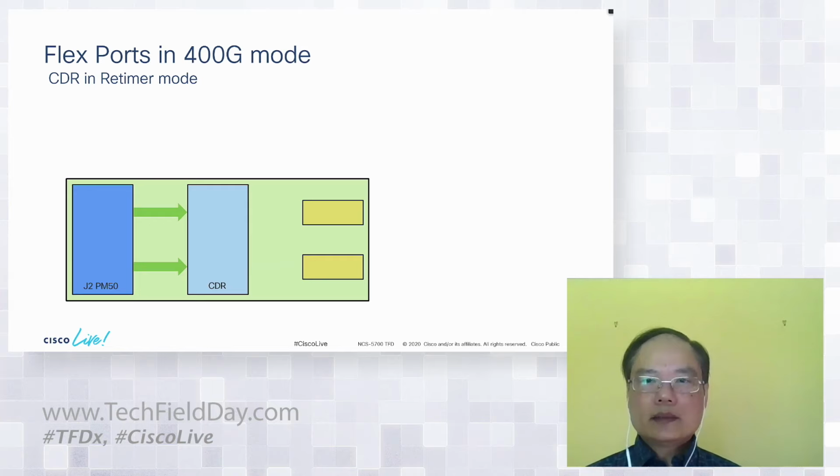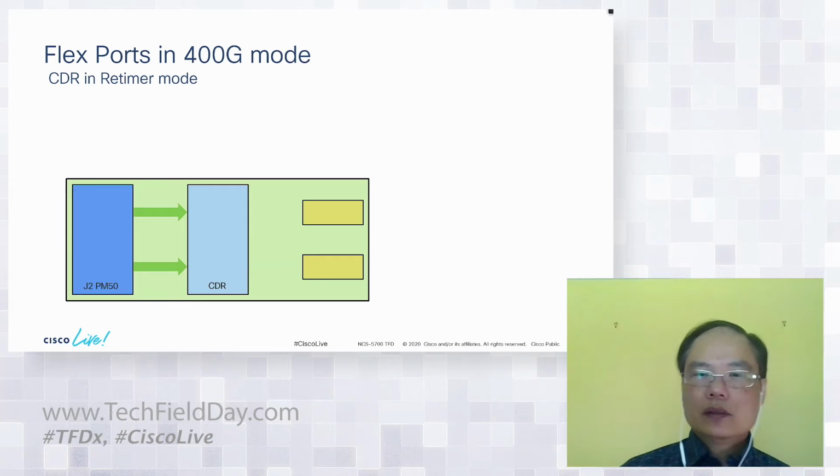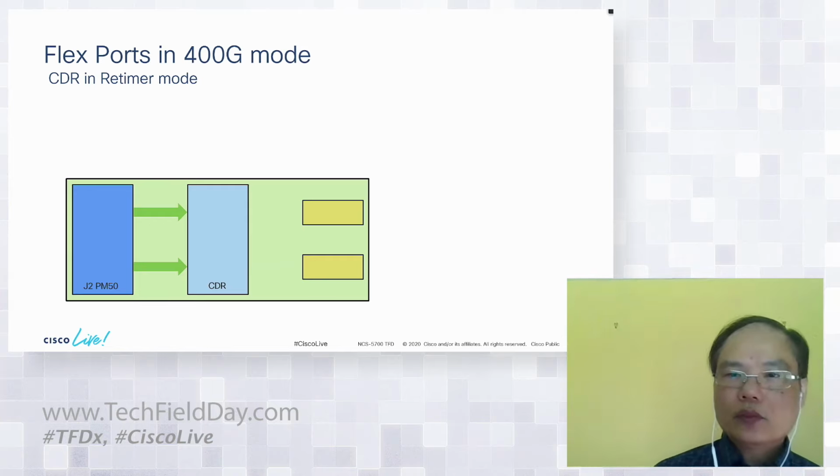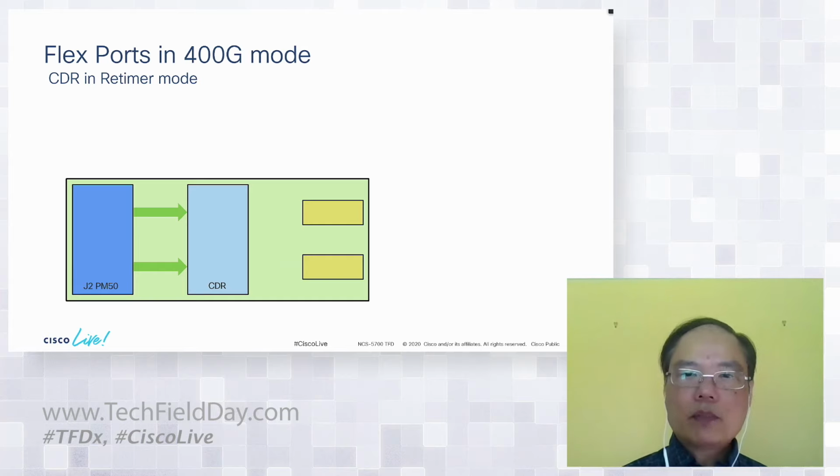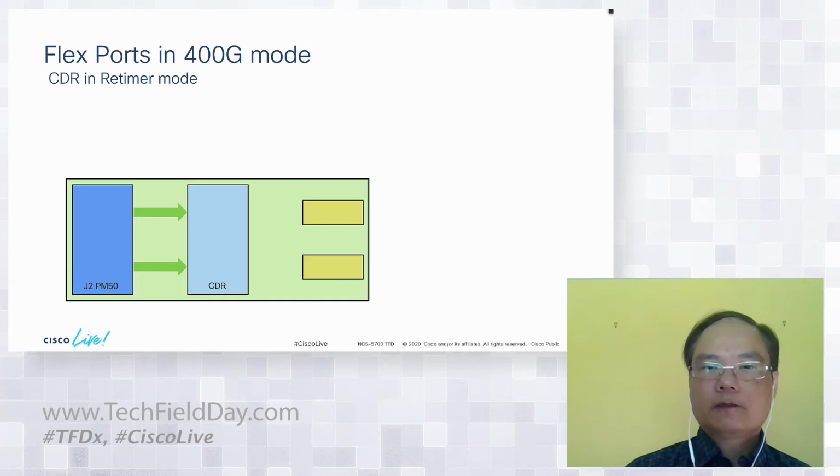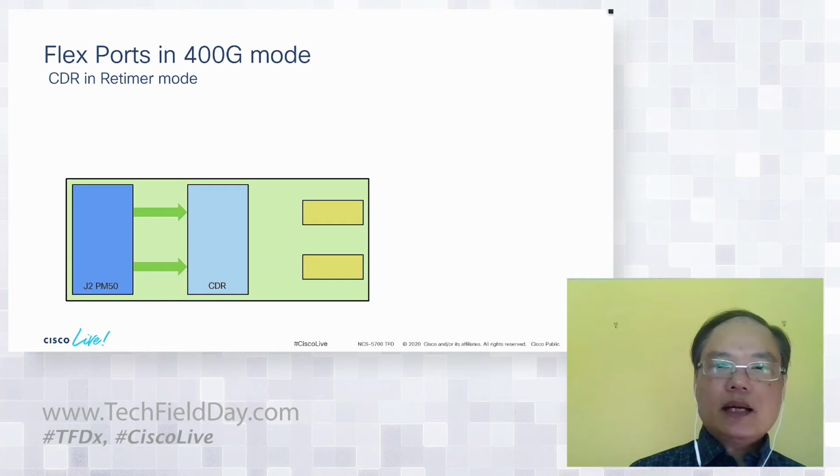Let's do a more detailed illustration. This slide will illustrate the operation of 400 gig mode in the flex port pair. The CDR is operating in retimer mode without reverse gearbox.